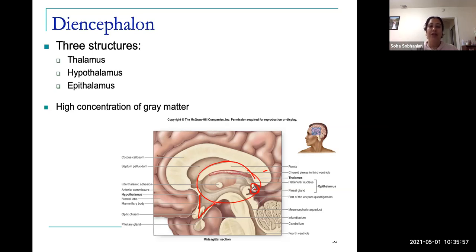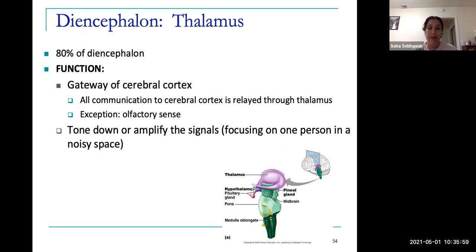So what is each of these parts going to do? So thalamus, which is again that big oval structure you see right here, it's 80% of your diencephalon, and it's identified as the gateway to cerebral cortex. That's usually how I describe the function. So when you bring data into your brain for all your senses, with the exception of your sense of smell or olfactory, this data first needs to go to your thalamus.